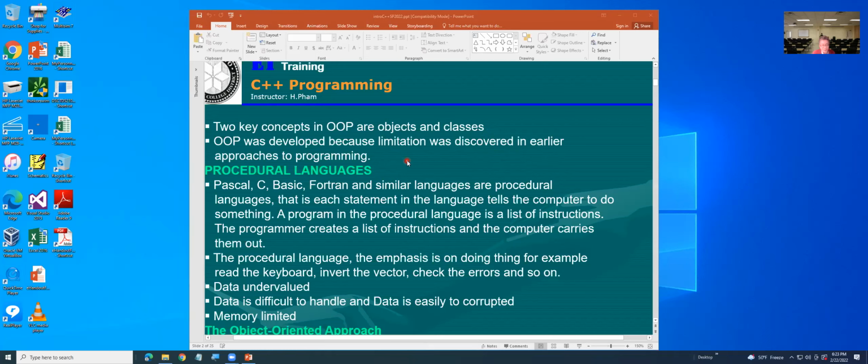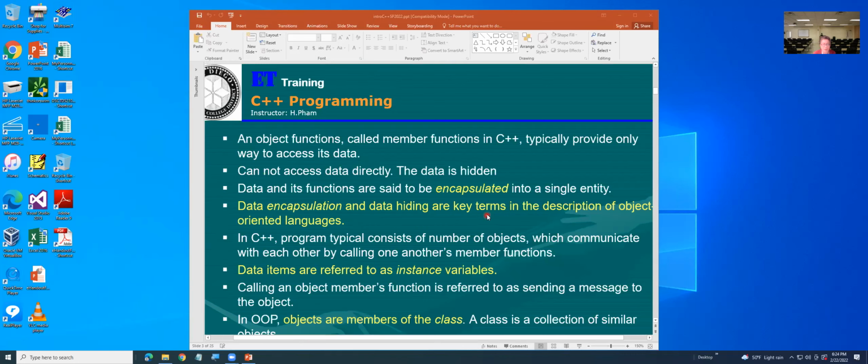Those are the old languages. The big problem is memory. You don't have a problem when we're doing things here. However, companies out there can get a problem when they have too much data, because memory is limited. In C++, you don't have that problem.